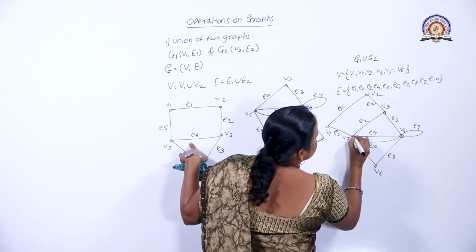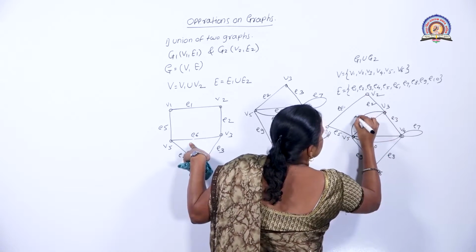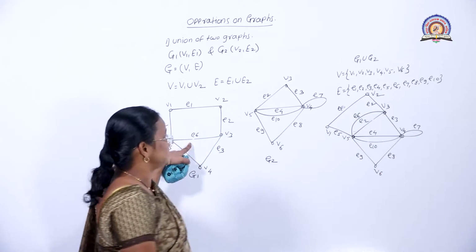So we draw it as a parallel edge. This is our E6.